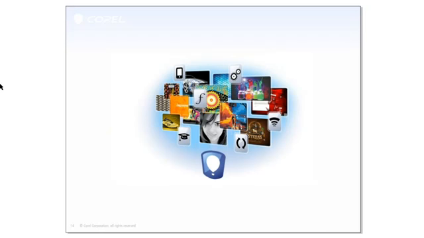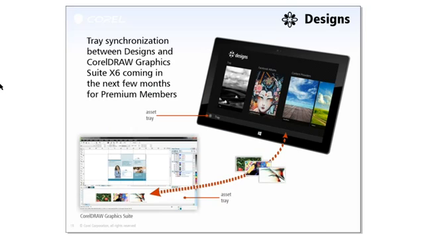The other thing I wanted to mention today is a pre-announcement of what we're going to do in the near future around tray synchronization. For those of you who are already using Windows 8, you certainly know already that Corel has released an application called Designs made specifically for the new modern UI in Windows 8.